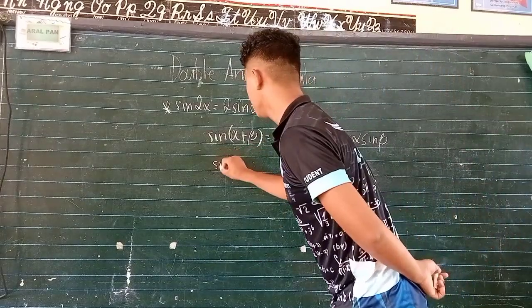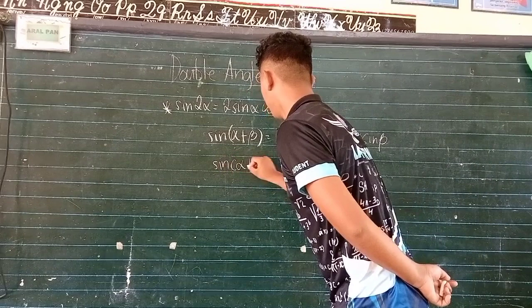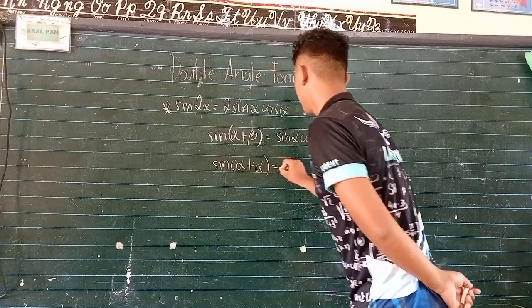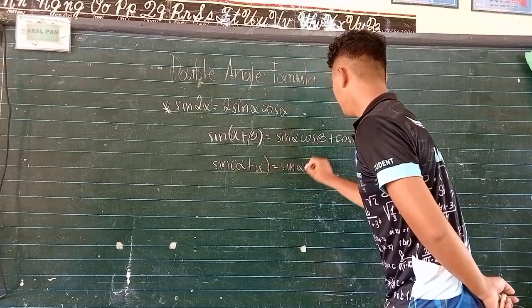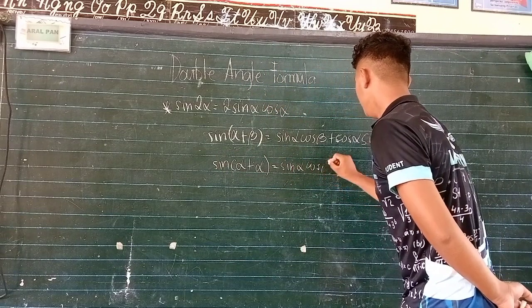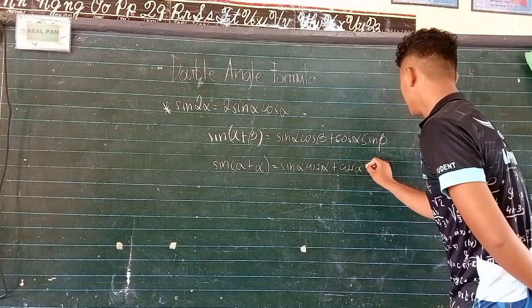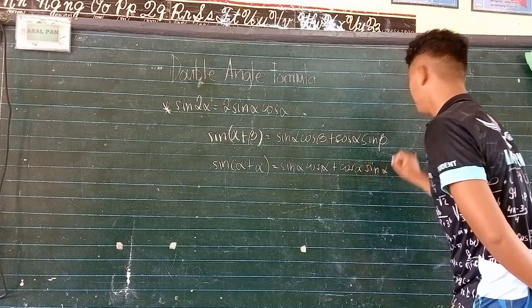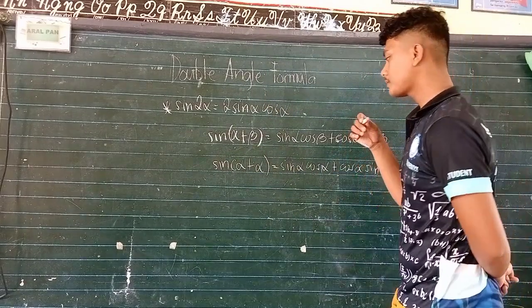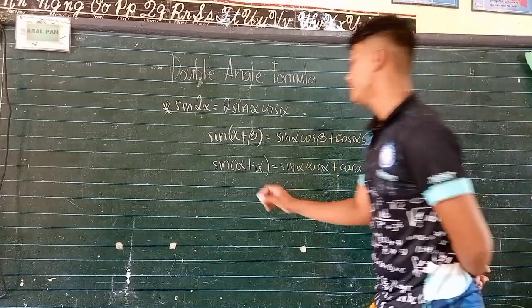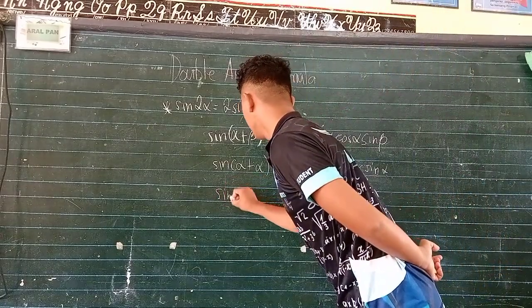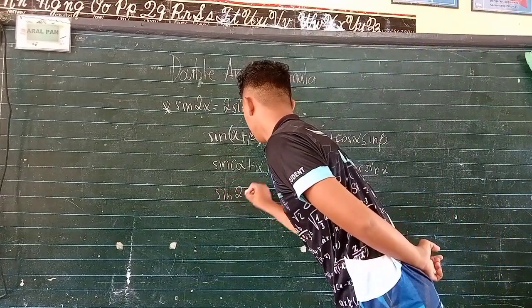So sine alpha plus alpha equals sine alpha cos alpha plus cos alpha sine alpha. So alpha plus alpha is equal to 2 alpha.